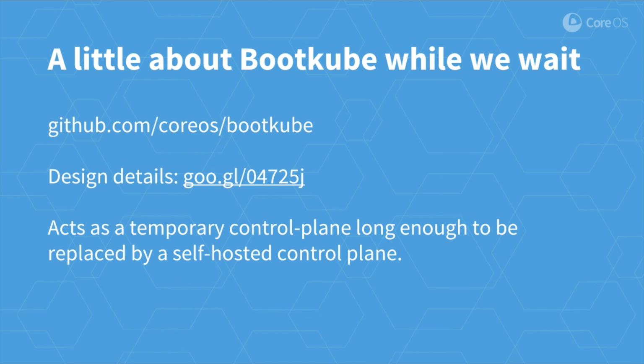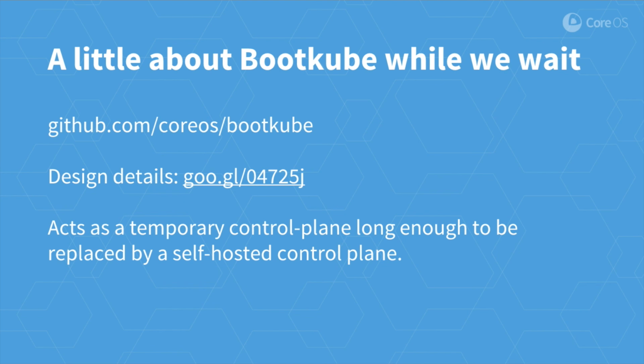It runs long enough so that you can inject these assets, like the deployments and the daemon sets, into a temporary API server, and then those pods will be started, and then it will see that a new self-hosted control plane has taken over, and bootkube will just die, and then you don't need it anymore. Past that point for your cluster lifecycle, you're just using native Kubernetes tools to manage the lifecycle of the cluster itself.